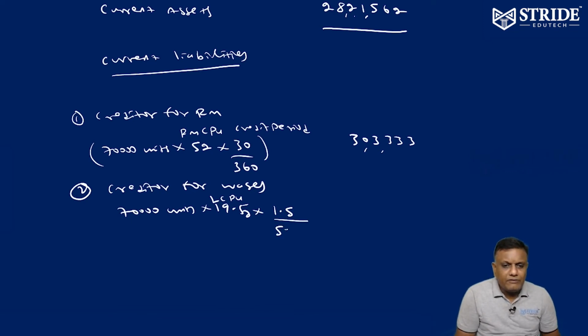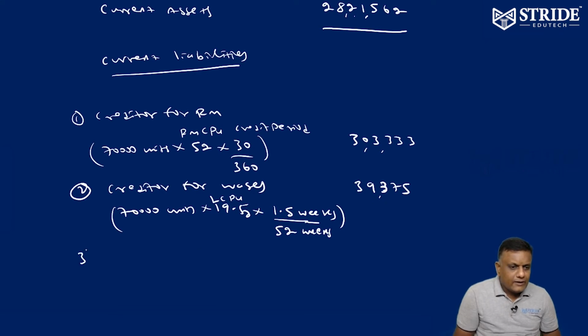So 1.5 by 52 weeks, because the data given is for 52 weeks. 70,000 into 19.5 for 52 weeks, and you have to calculate for 1.5 weeks. So the total is 39,375.